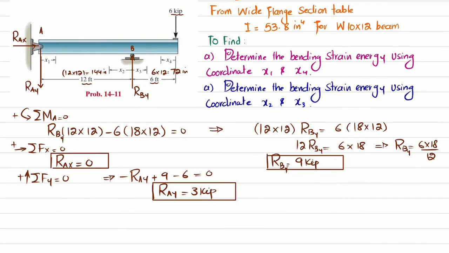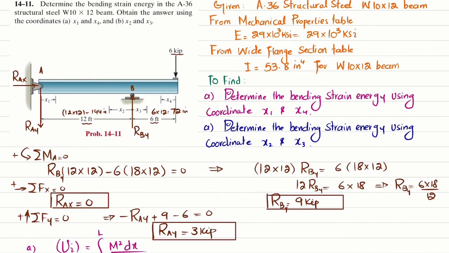We know that bending strain energy is equal to the integral of M squared dx over 2EI, from 0 to length L. First we will solve this using the x1 and x4 coordinates.